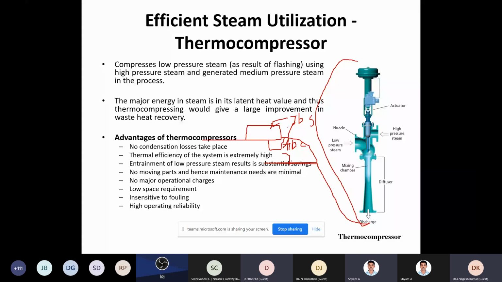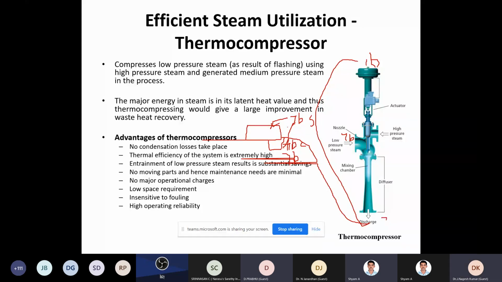You can flash it to 2 bar or even atmospheric pressure. Entry is here. Now there is one more 7 bar steam you have here. You use this as what is known as the motive steam. So 7 bar here, let's say 1 bar flash steam here. So 1 bar will get converted to say 3 bar or 4 bar, whatever you want. So at the outlet, you will get 3 bar at this place.